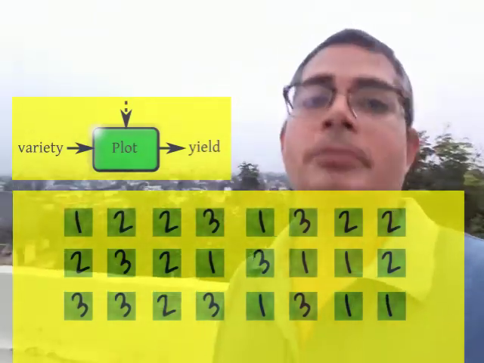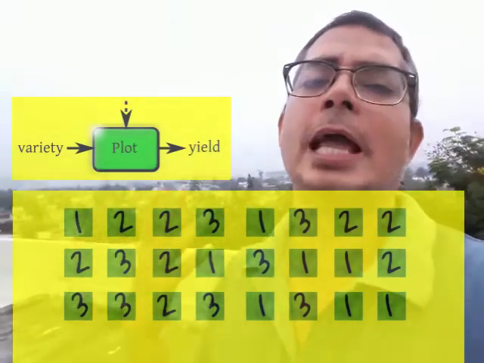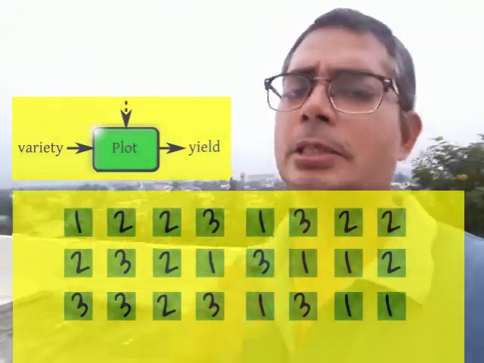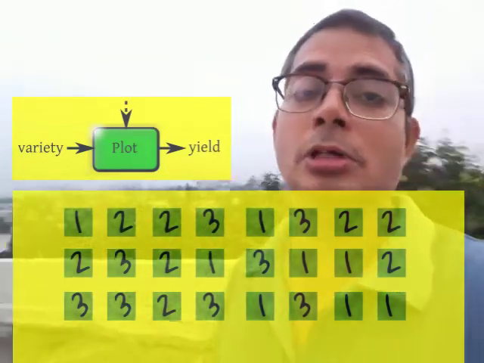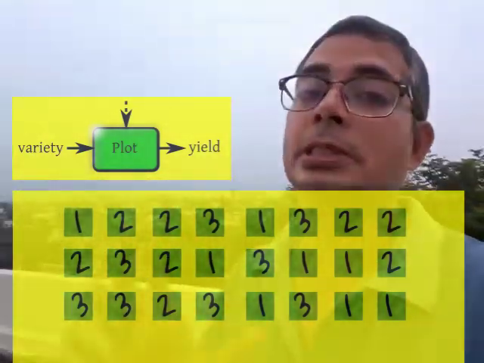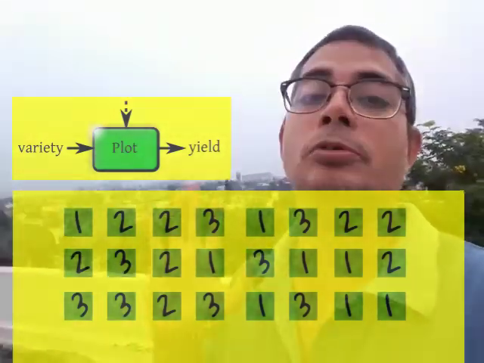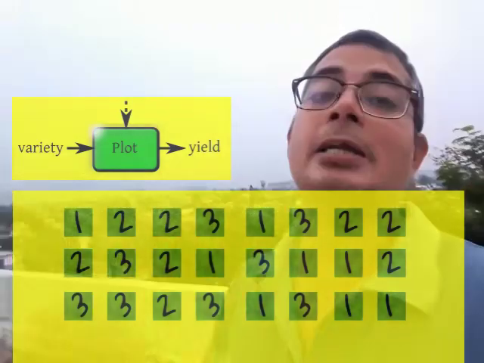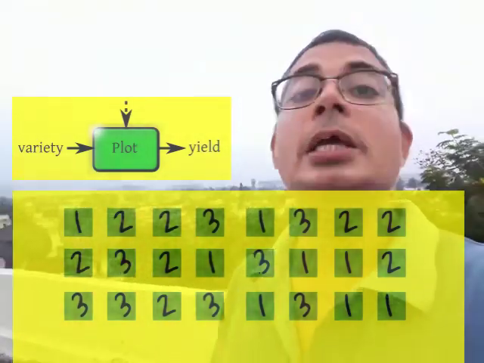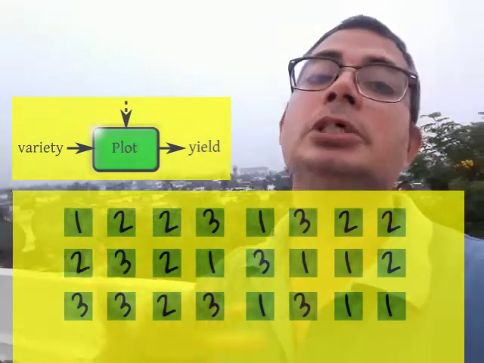Now it happens often that taking these 24 plots that are as identical as possible is pretty difficult. As I have already told you, some of these plots are deliberately made very small, because otherwise if you are looking for large plots, then it is very difficult to get hold of 24 plots that are more or less similar. Even in this case, it may happen that the region is a hilly one.